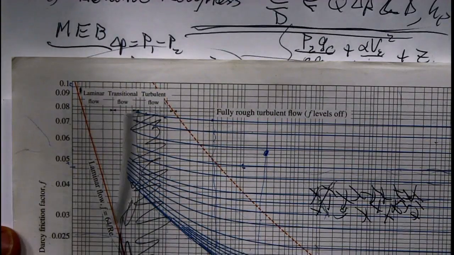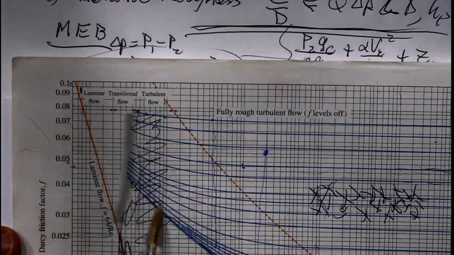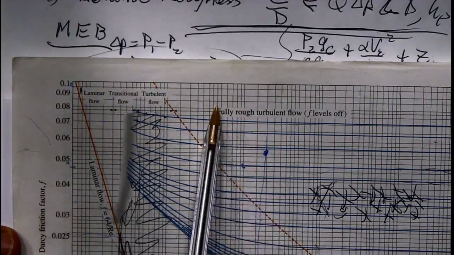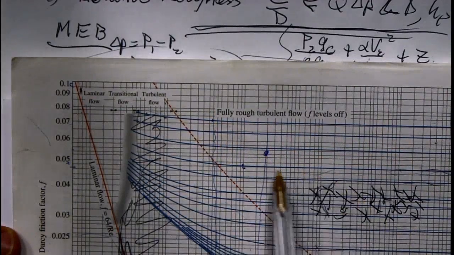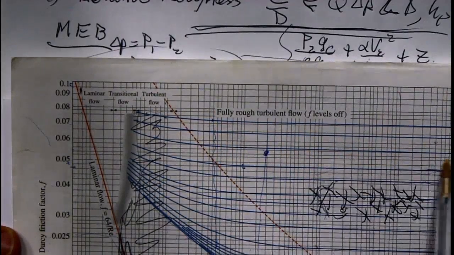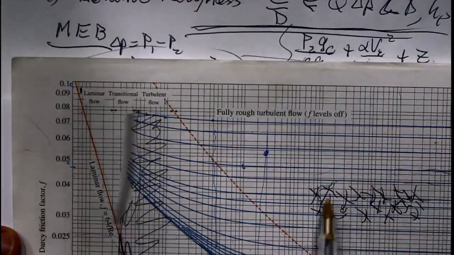We run experiments in the 330 lab where we're in this regime. Then you have this line area, and then you have the fully roughened area where the lines go flat in Reynolds number.